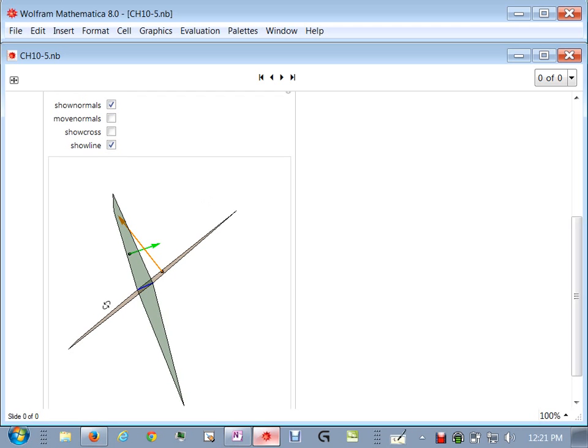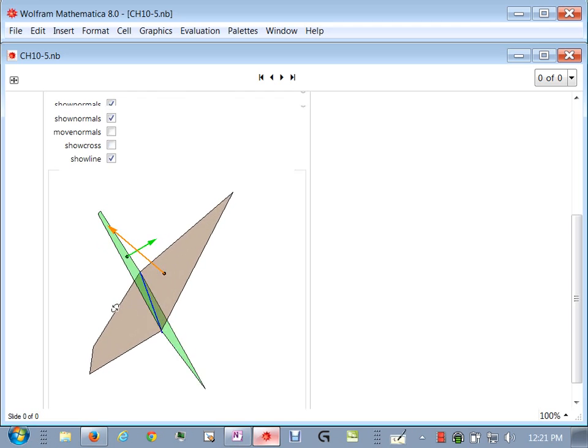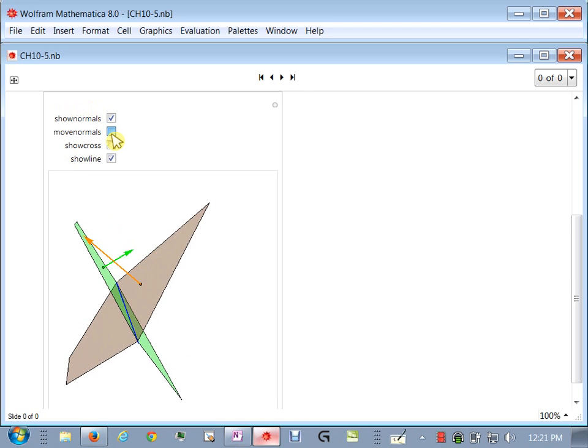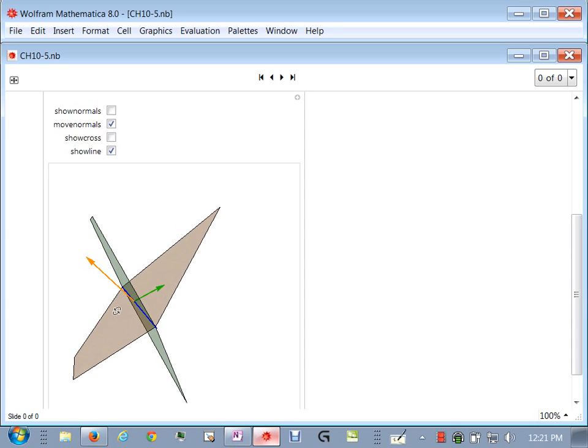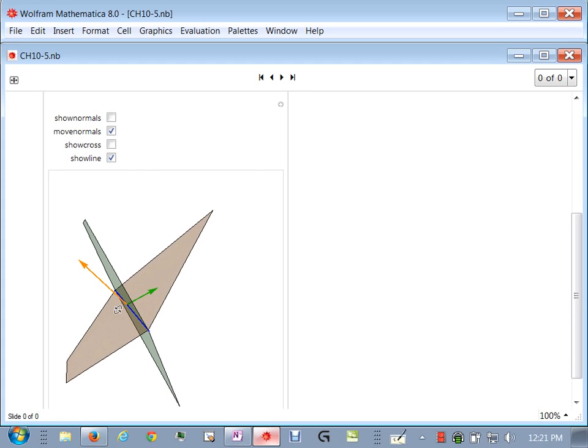Now what I'm going to do is move those normals, sliding them down to the line of intersection where the planes hit each other. These two vectors right now look orthogonal, but they don't have to be, because the planes are hitting each other.